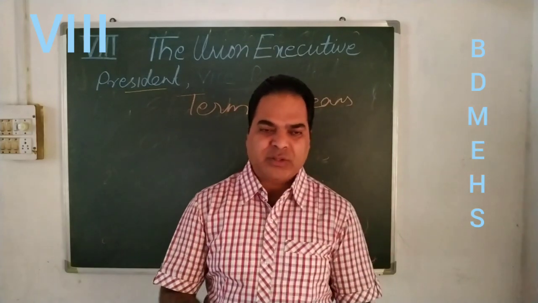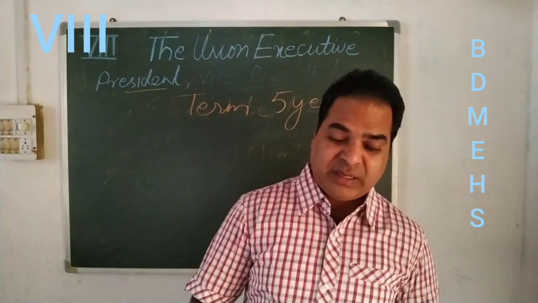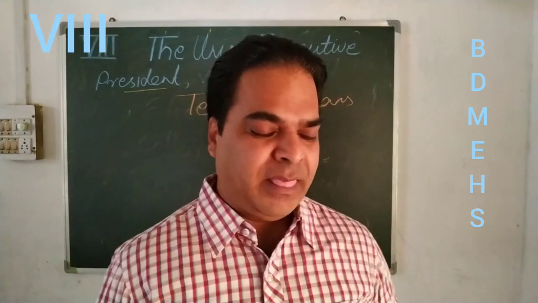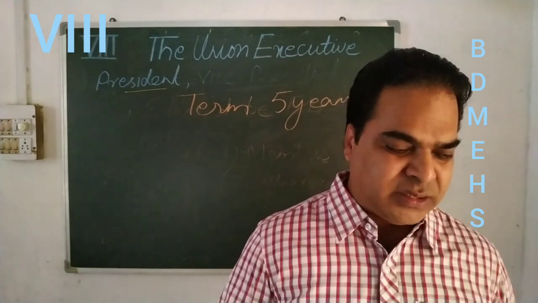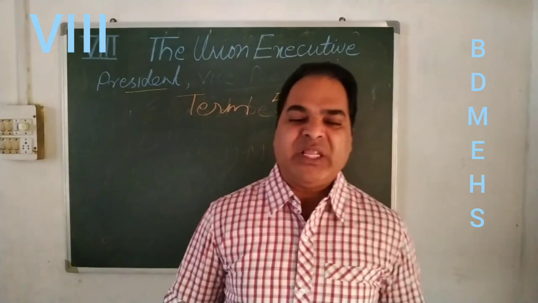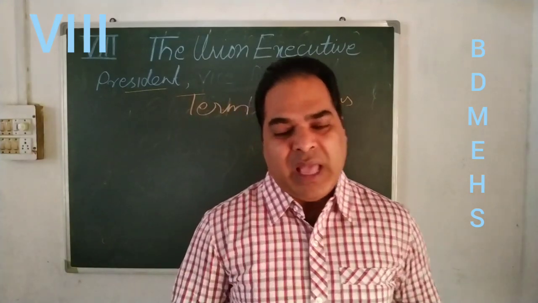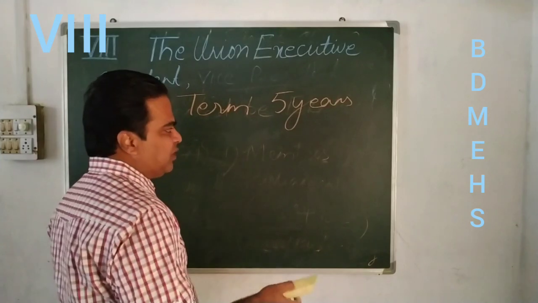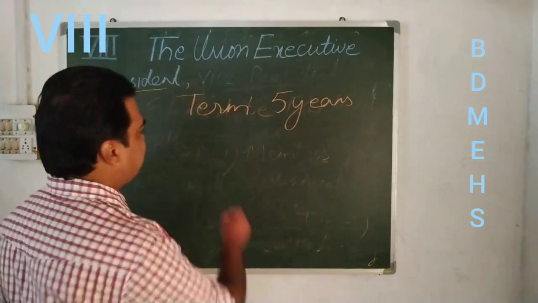He is a human being, and human beings are fallible. They may make mistakes. So if he violates the constitution, or he betrays, or is found doing treason, or is involved in any sort of corruption, then he can be removed.